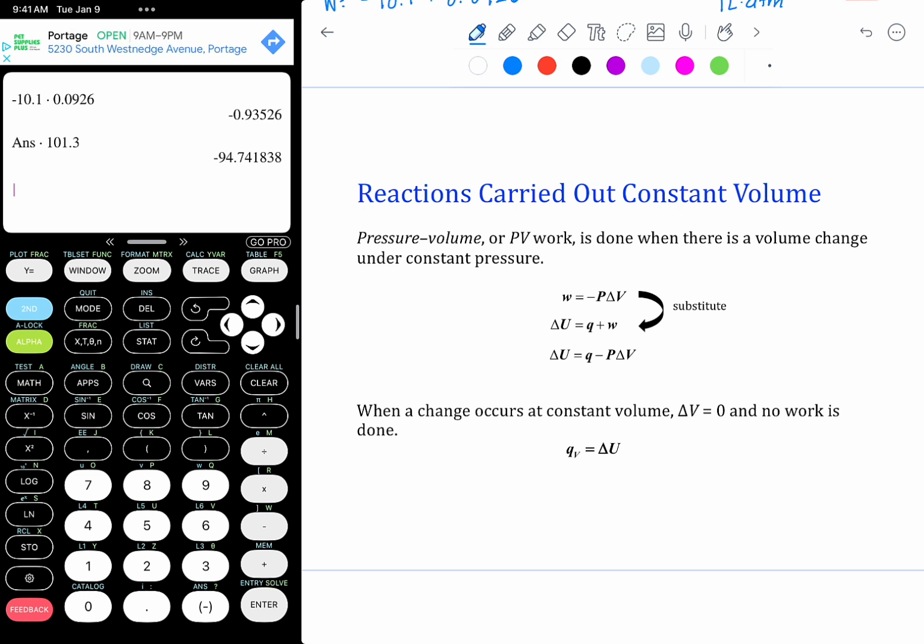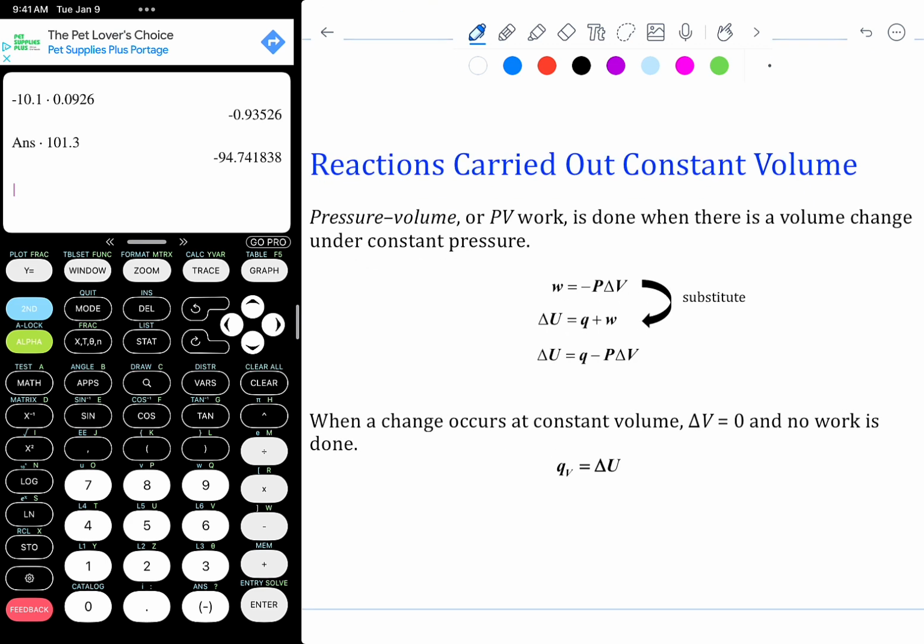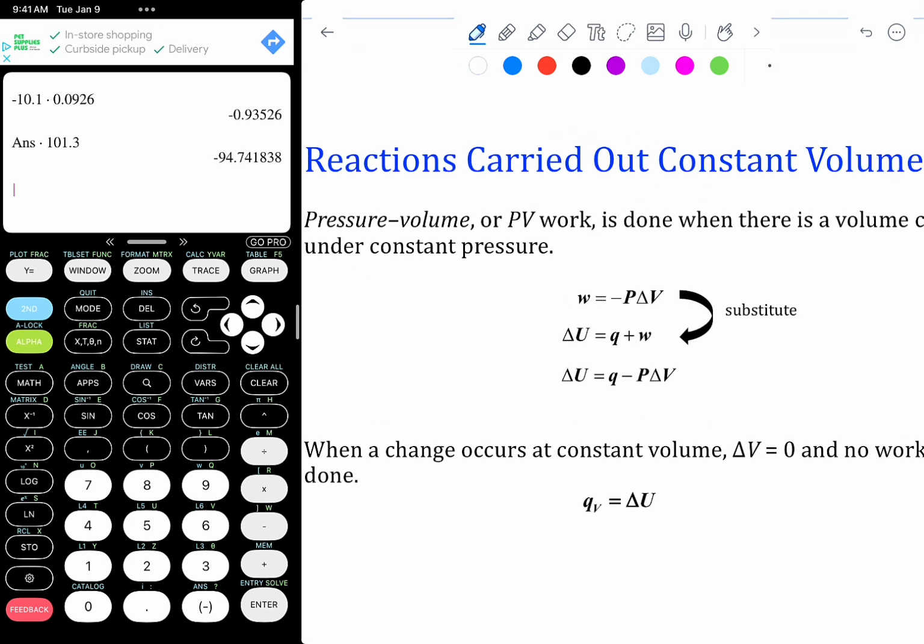Now we can plug that new work expression into our internal energy equation. We learned in our previous lessons that delta U is equal to Q plus W, heat plus work. But now we have a new definition of work. If we didn't have an experimental value for the work, but we had the pressure and we knew how much the volume changed by, we could find the work.